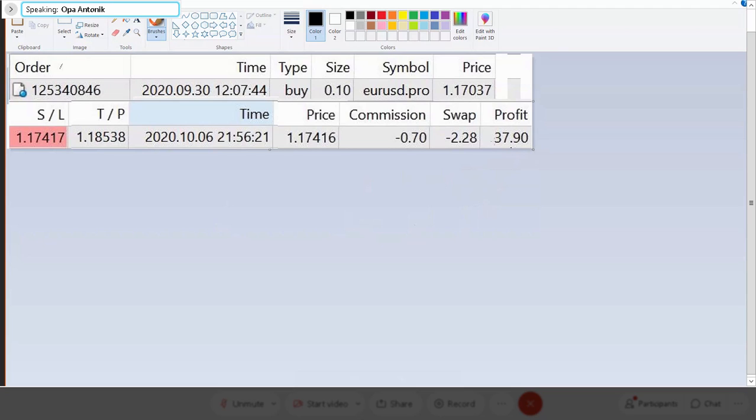So if they can make $37 in a trade, that's significant. So for all you Vietnamese traders out there that are watching, make sure that you understand how we do what we do.